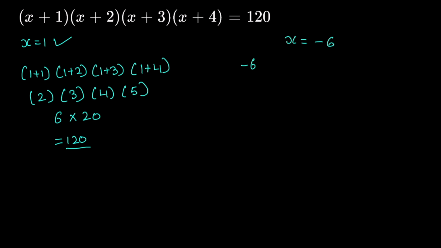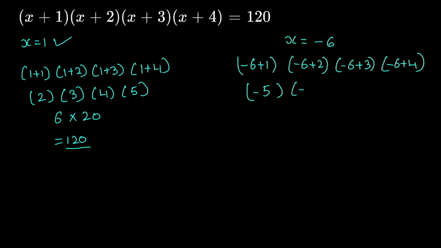Put x is equal to minus 6: minus 6 plus 1, minus 6 plus 2, minus 6 plus 3, and minus 6 plus 4. Here we get minus 5, minus 4, minus 3, and minus 2. We get 20 into 6, again 120. So these both are our solutions.